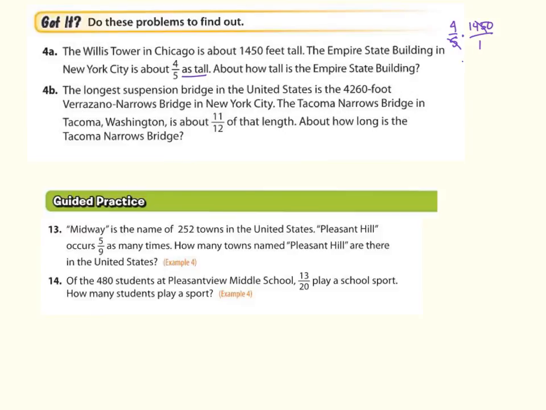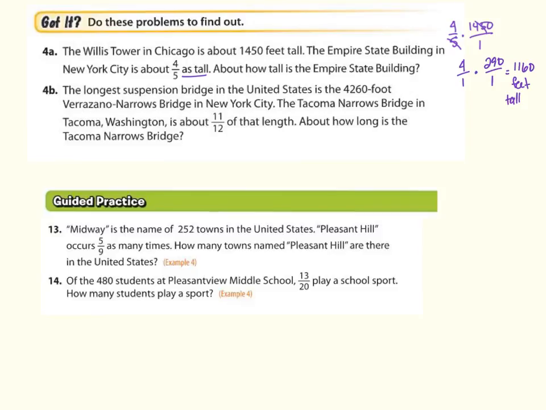So it becomes 4 over 1 times 290. Basically we're just going to take 4 times 290, and we're going to get 1,160 feet tall is the Empire State Building.